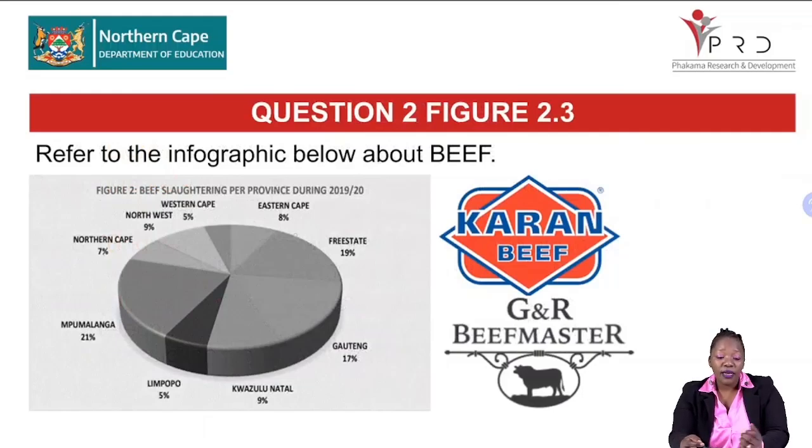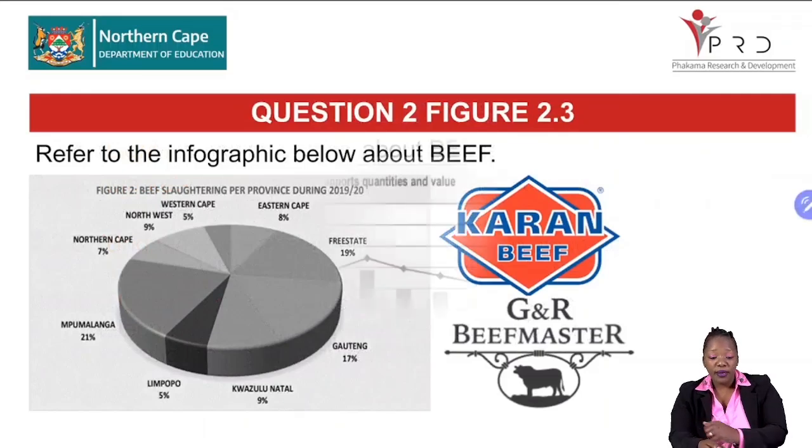Looking at the provinces that produced during 2019 and 2020, we have Eastern Cape with 8%, Free State with 19%, Gauteng with 17%, KwaZulu-Natal with 9%, Limpopo with 5%, Mpumalanga with 21%, Northern Cape with 7%, Northwest with 9%, and Western Cape with 5%.